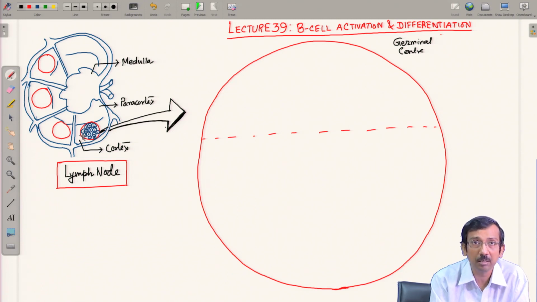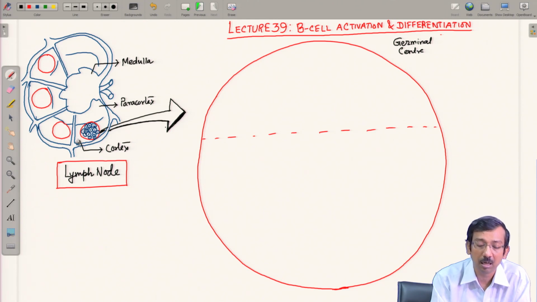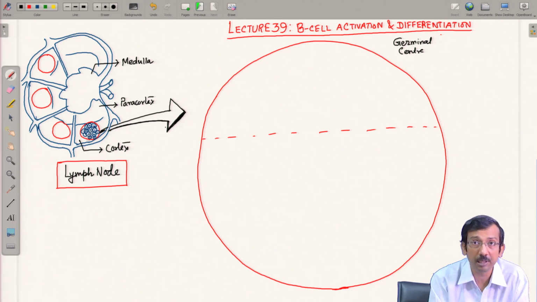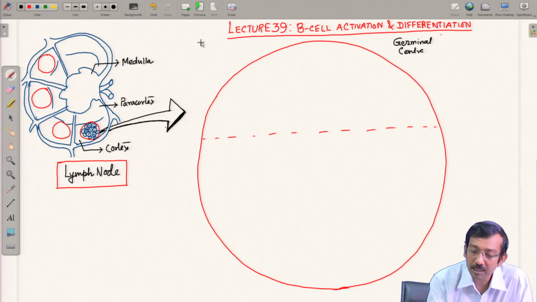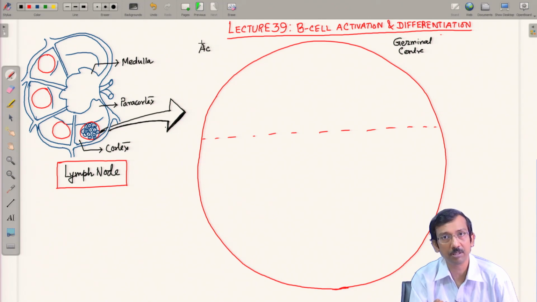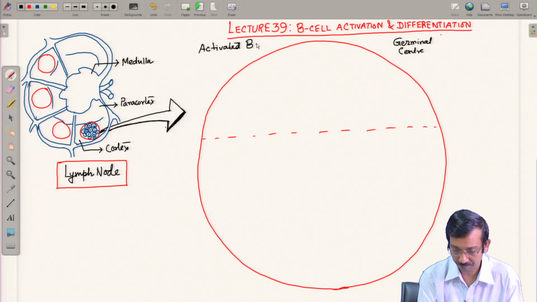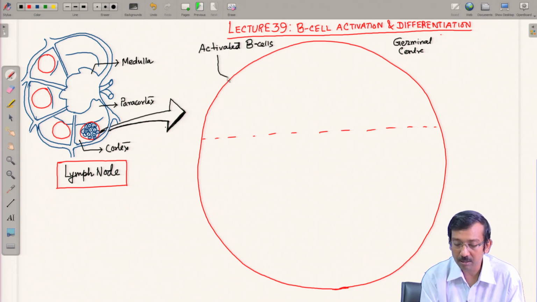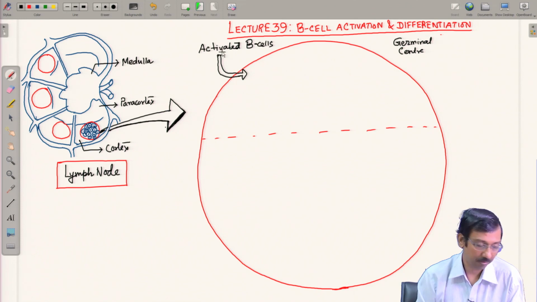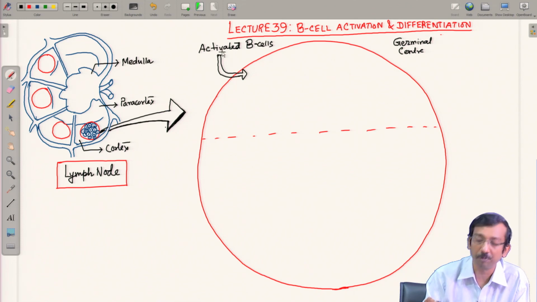Now, these germinal centers contain these proliferating B cells. Once the B cell is activated, as we got from our last lecture, these activated B cells will now enter into the germinal center, and they start to proliferate here.